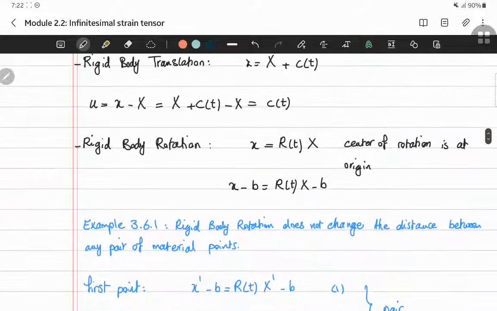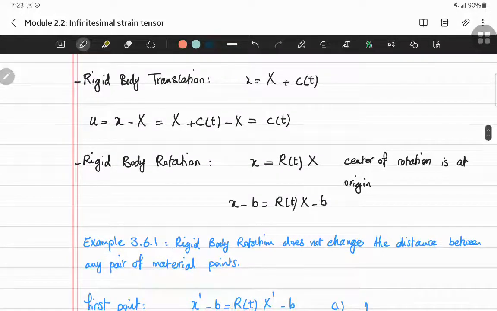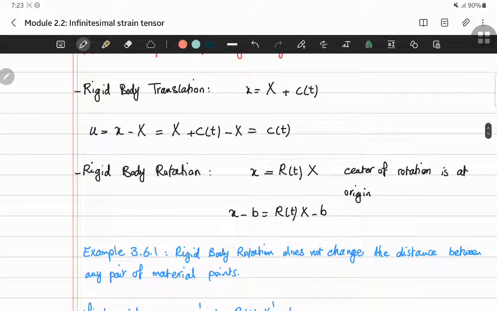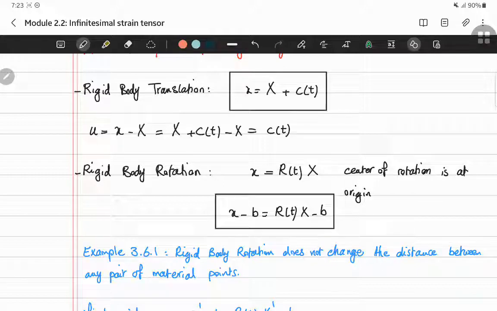So if we combine these two, this one and this one, because this was the general one, we basically do not use the origin for the rotation. So we discuss this, we get this, and we have this in here, and this in here.